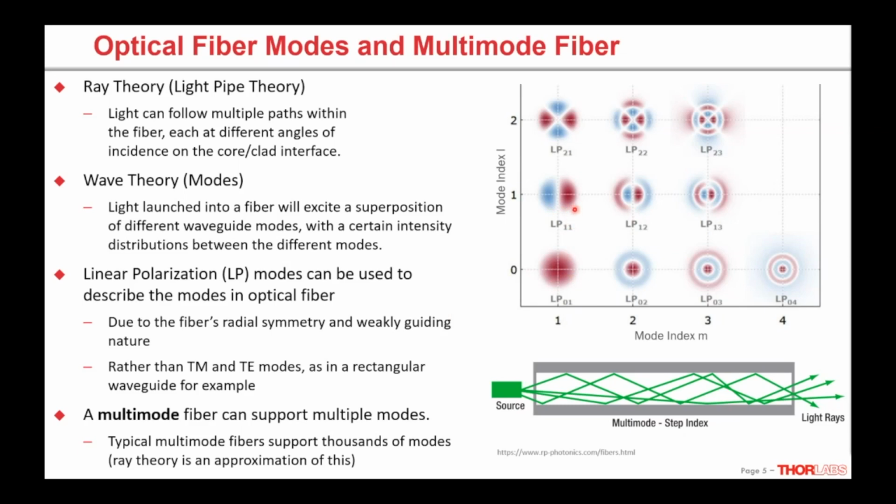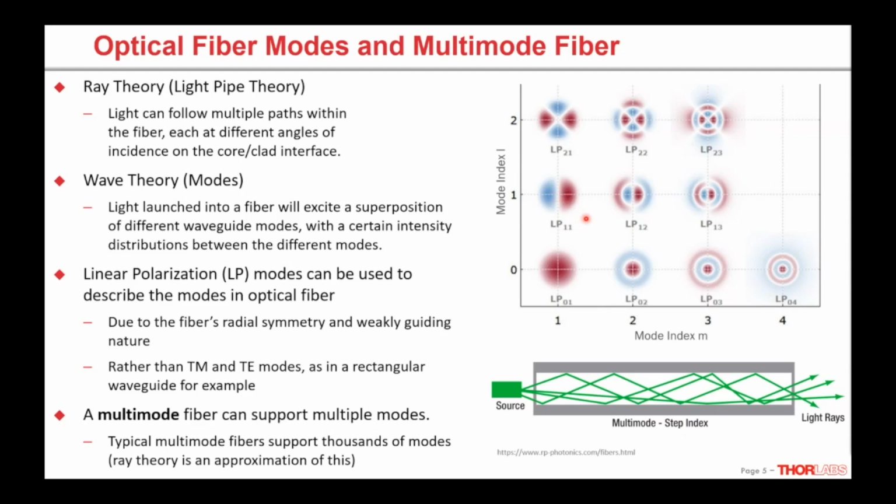It's worth noting that the modes where the first index is greater than 0, where we have these lobes, really what those are is two modes oriented orthogonally to each other. So for instance, for this one, we could have left, right lobes, or top and bottom. And then any real mode is going to be a superposition of those two. But we're going to disregard that and treat them as one mode for this talk.